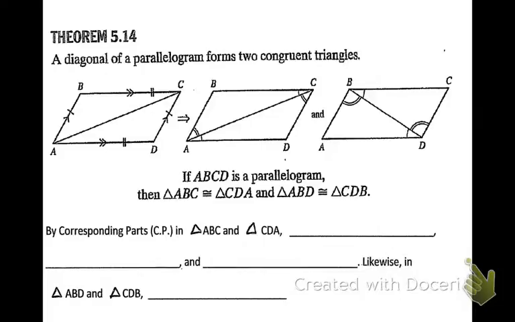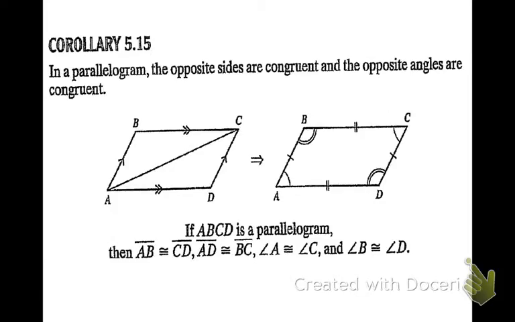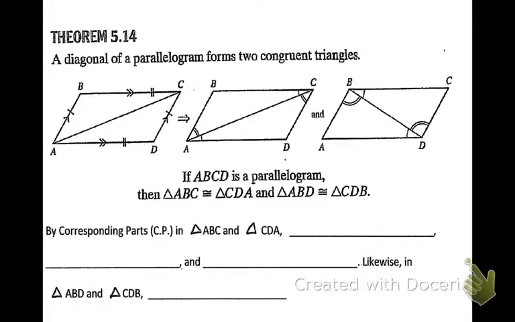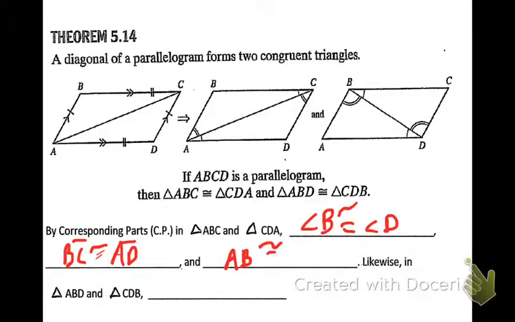In triangles ABC and CDA, angle B is congruent to angle D, BC is congruent to AD, and AB is congruent to CD.